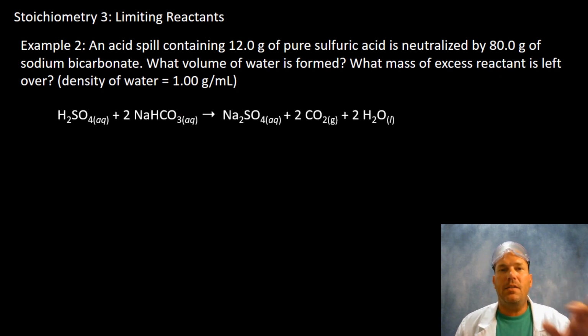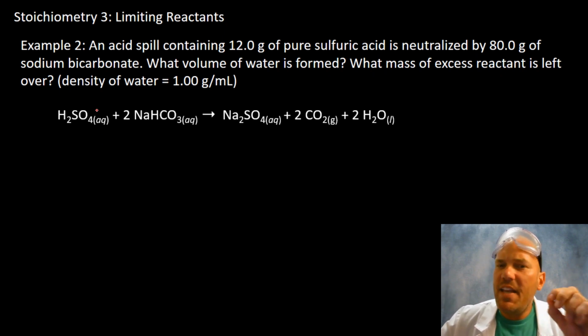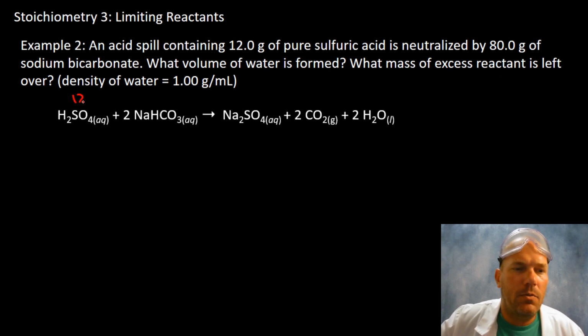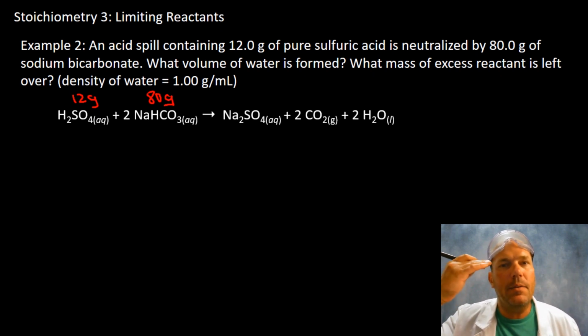Now let's get down to the stoichiometry here. We are given an acid containing so much sulfuric, and it's neutralized. So we are given both reactants. So anytime we're given both reactants, 12 grams here, and we have 80 grams here, this should scream limiting reactant problem.